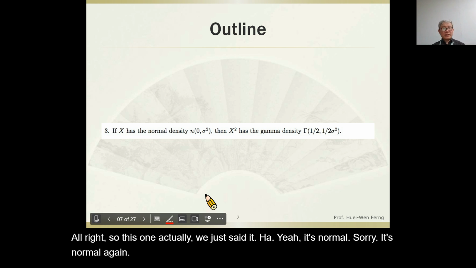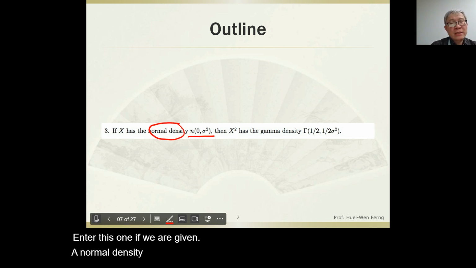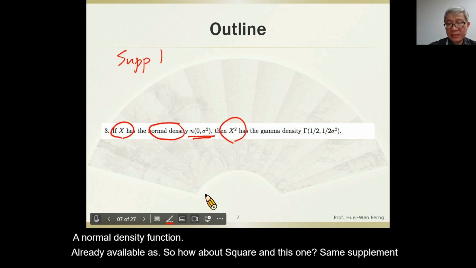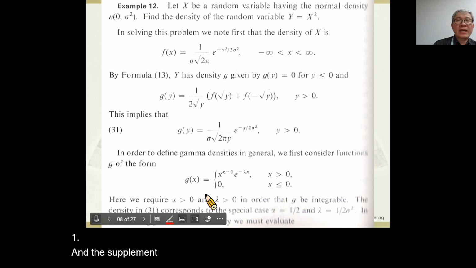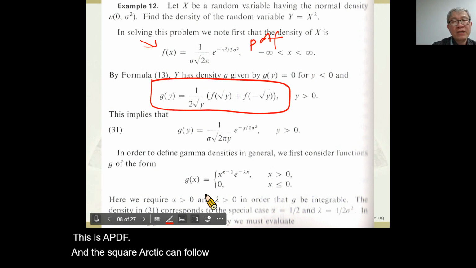And if we are given a normal density function for a random variable X, how about its square? This one is the same, supplement 1. So if we have a normal, this is a PDF, and the square can follow the form here to have a new PDF.